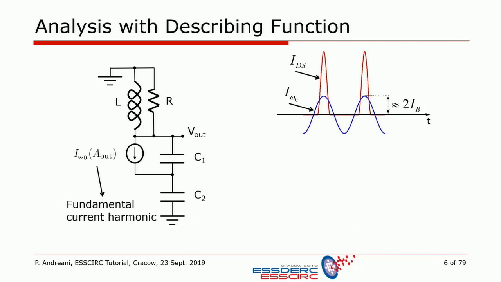So obviously we have some issue here, but we can make a first-order approximation, which turns out to be pretty good anyway. Basically, these current pulses are almost like Dirac deltas. And if this is the case, then by Fourier transform we know that the amplitude of the first harmonic of the oscillation is ideally equal to 2 times the DC value of the bias current.